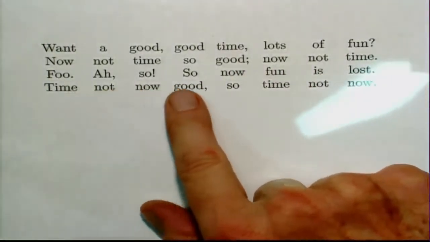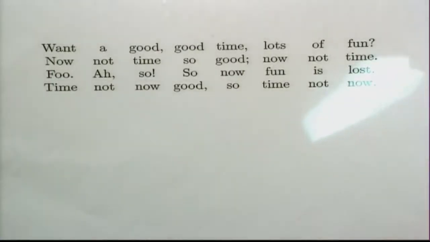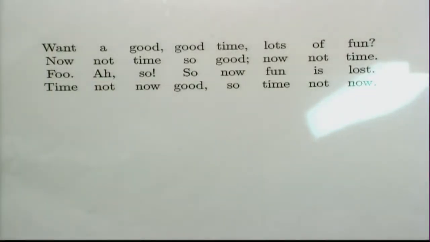Foo. So now fun is lost. Time not good now, so time not now. I mean, let's face it, I'm not a poet. In fact, I was thinking that instead of want, I should say vaunt here, because it sounds like a foreign accent.